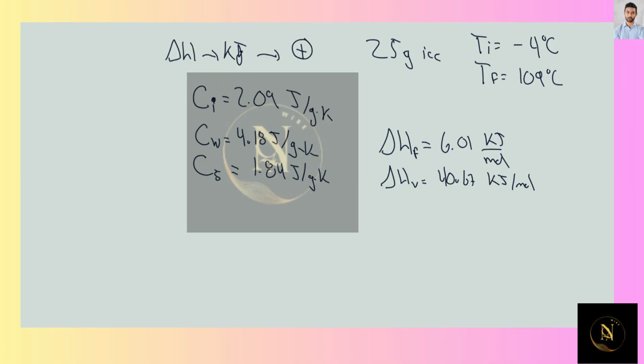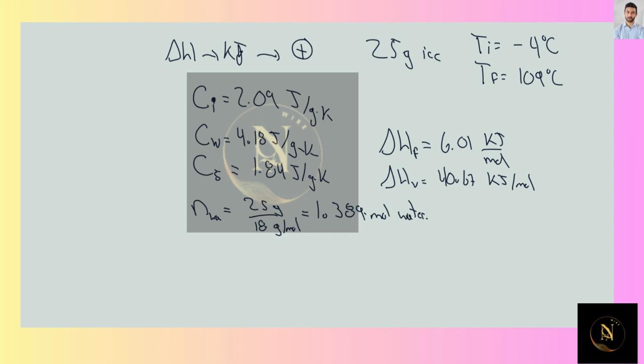So we can proceed by combining the mass and the amount of mole in our calculations. In order to do that, let's calculate first the amount of mole of water that we are going to have. This is going to be equal to 25 grams divided by 18 grams per mole, yielding 1.389 moles of water.